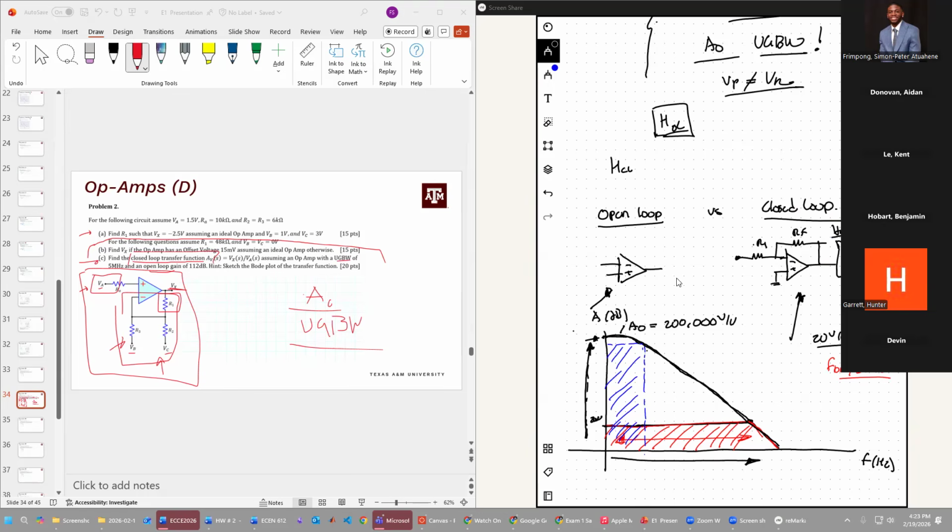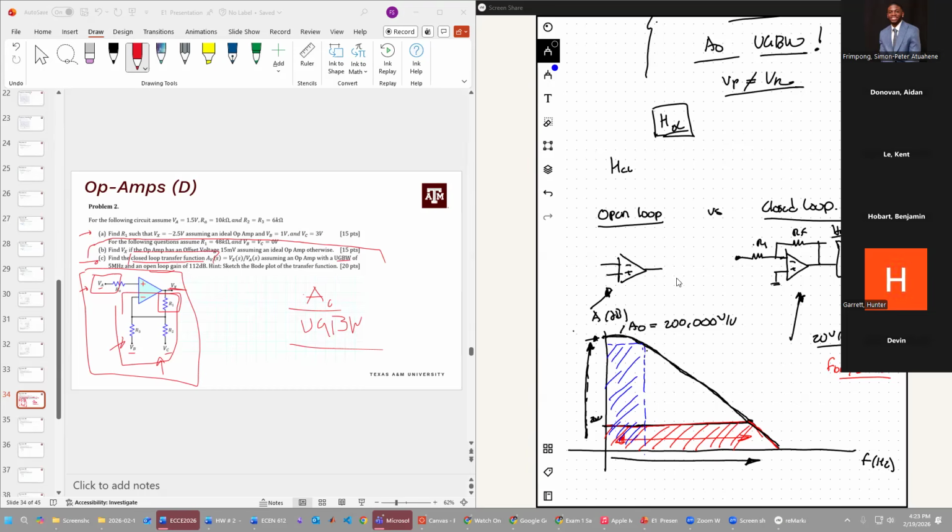And this is some gain that the circuit is operating at. Say the magnitude of it was 30 volts per volt, say it's negative 30, but it's 30 volts per volt. That tells us which portion of the available frequencies there are for this circuit to operate at.